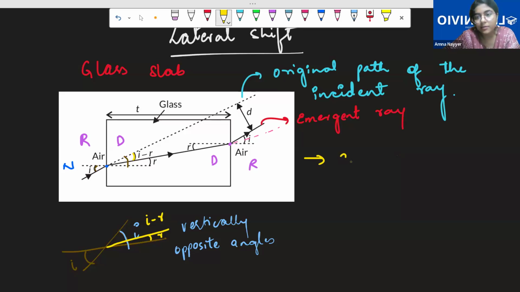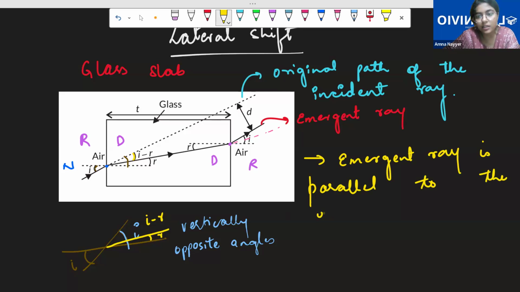So here, the emergent ray is parallel to the original path of the incident ray.